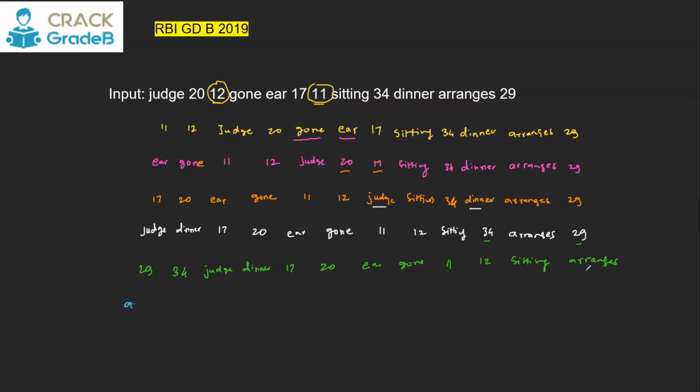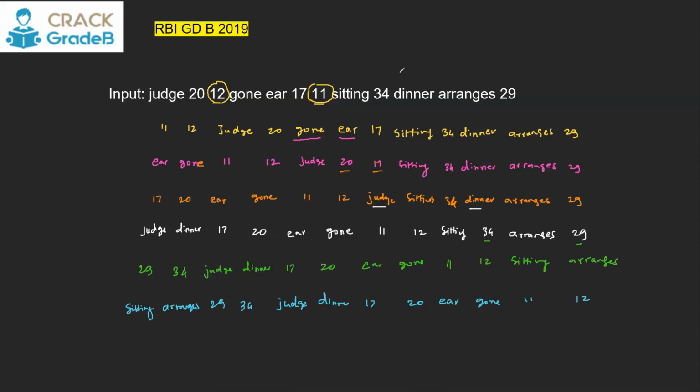Sitting is a 7-letter word, arranges an 8-letter word. So sitting will come first. Sitting, arranges, 29, 34, judge, dinner, 17, 20, year, gone, 11, and 12.